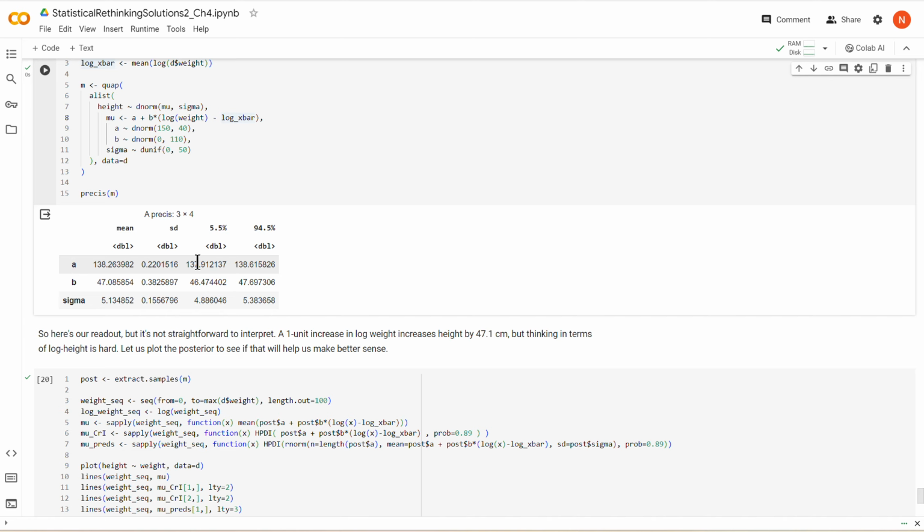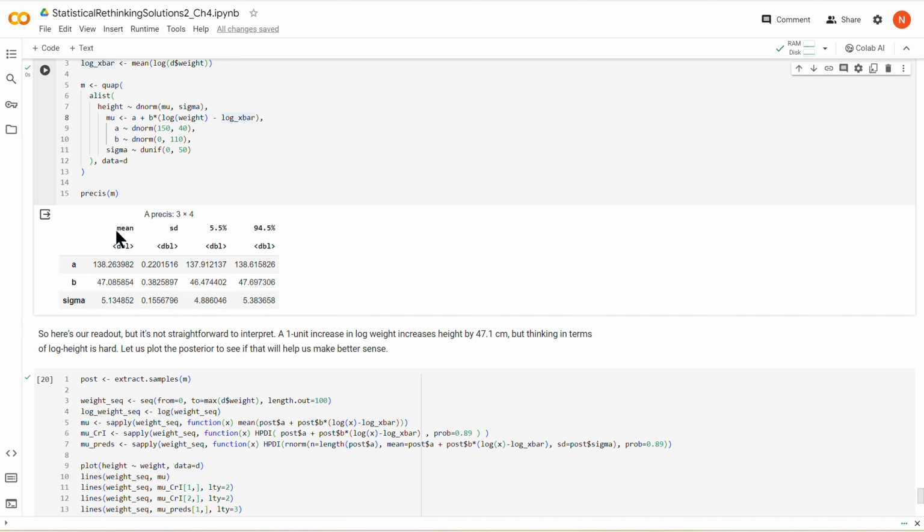Take a second and try to interpret what is being said here with this posterior distribution. It is somewhat straightforward. It says that the average height is 138 centimeters. But then with beta, it says that for every one unit increase in log weight, then height goes up by 47 centimeters.